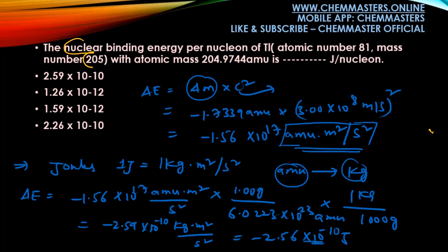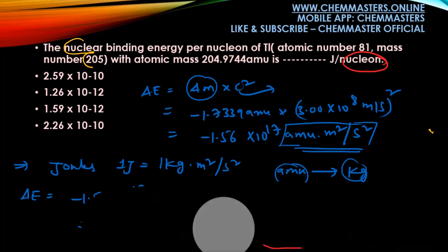Here we need to look closely, because this nuclear binding energy is 2.59 into 10 power minus 10 joules, but the nuclear binding energy per nucleon, that means for each nucleon, we need to calculate.